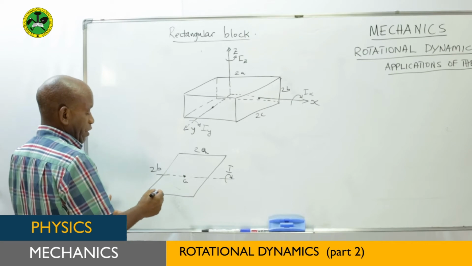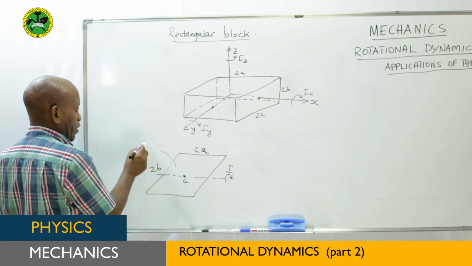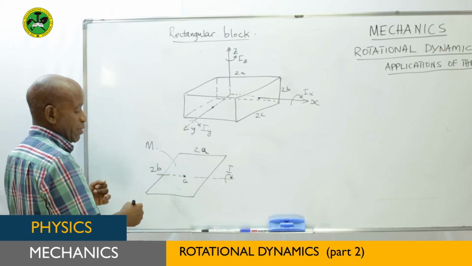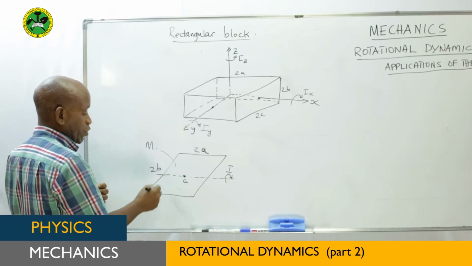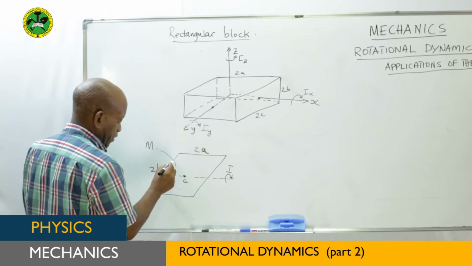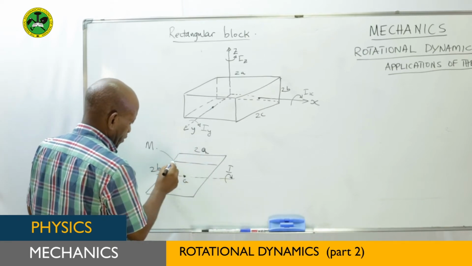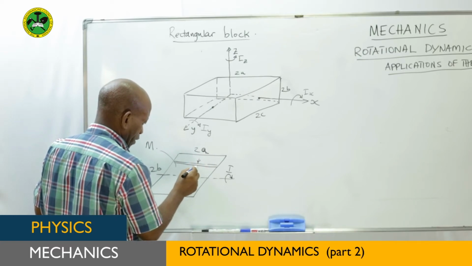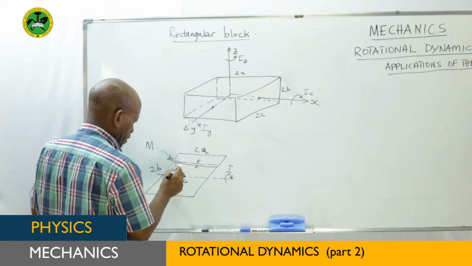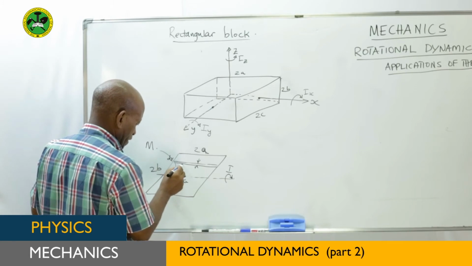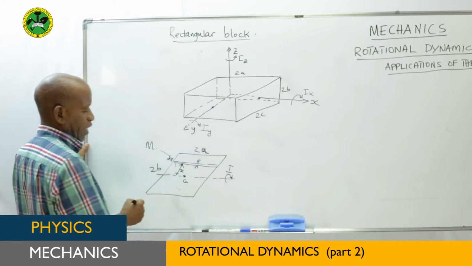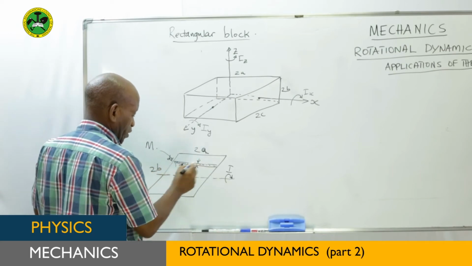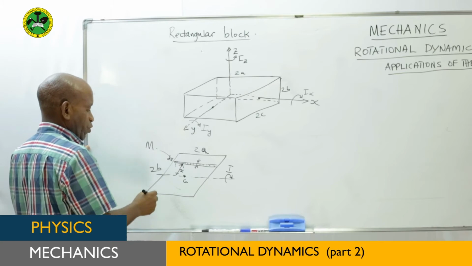What we're going to do is this: if this block has a mass m, and its sides are 2a and 2b, we are going to establish a very small element here of thickness dx located at a distance x from that axis. And you need to establish the mass of this part.